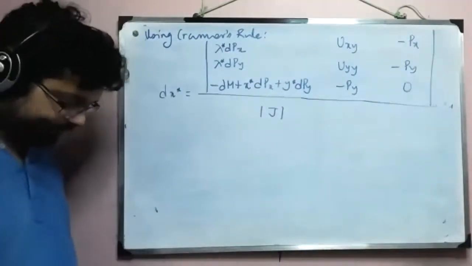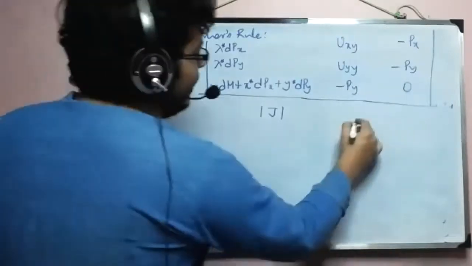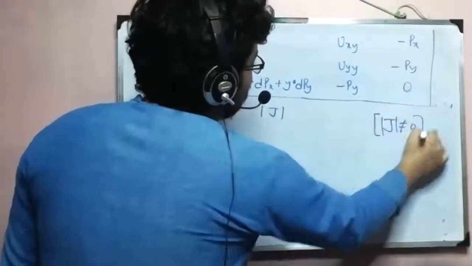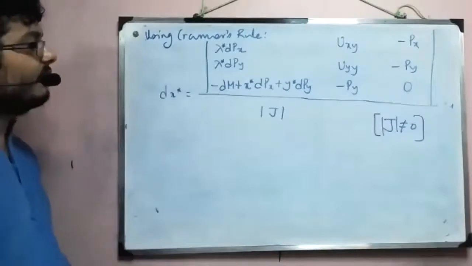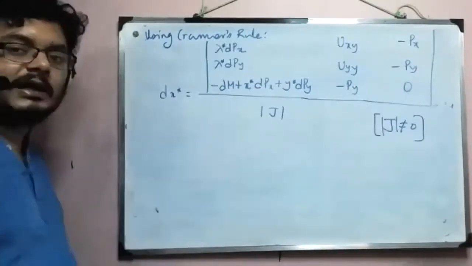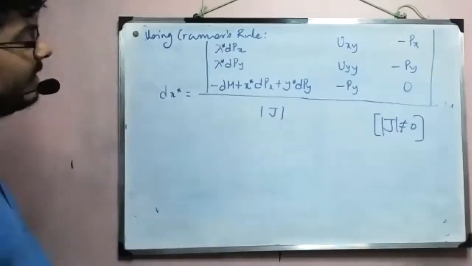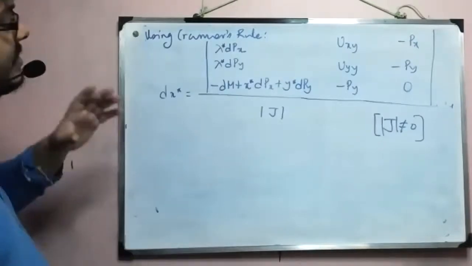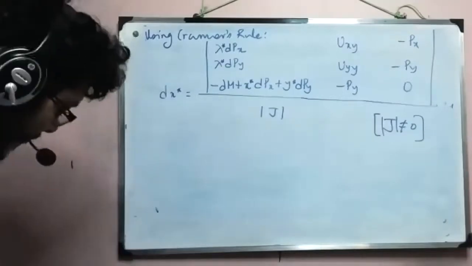Okay. And we know that the Jacobian is non-zero. To be strict, the Jacobian is positive. So we can actually evaluate this. And this is why the satisfaction of the second order condition is so very important. Okay, anyways.